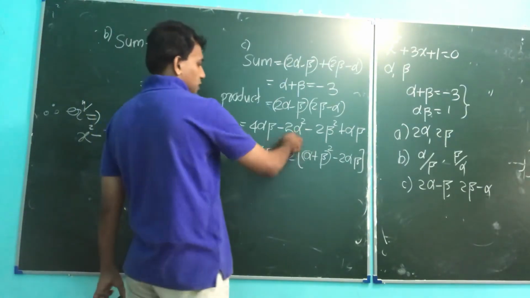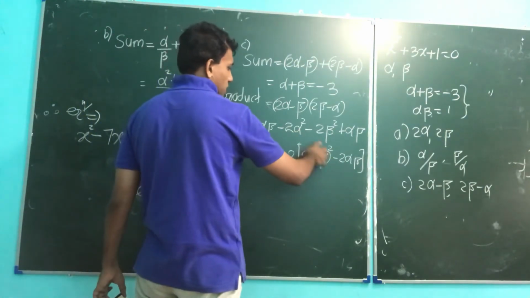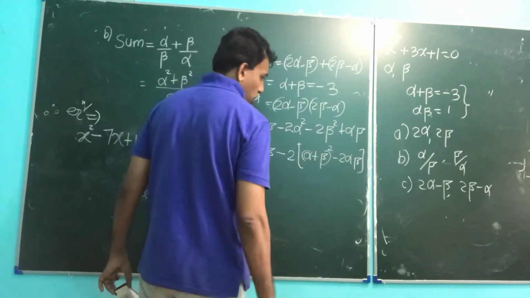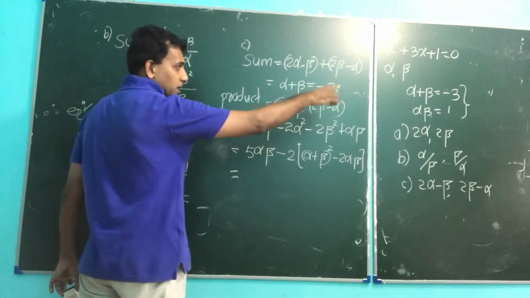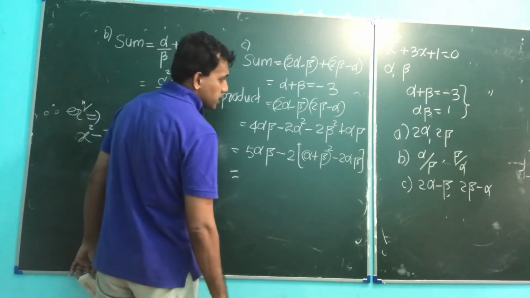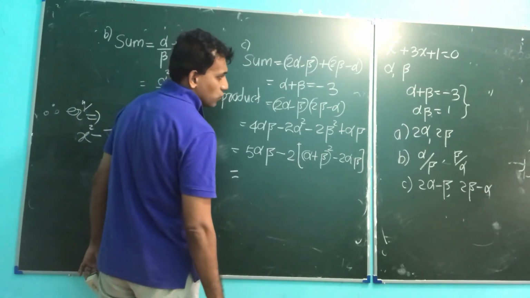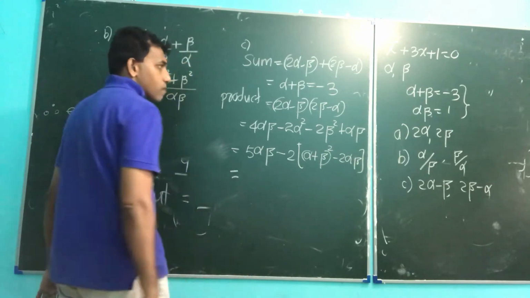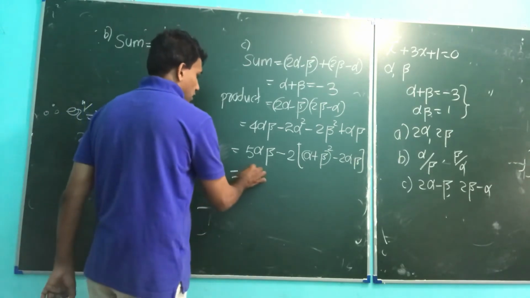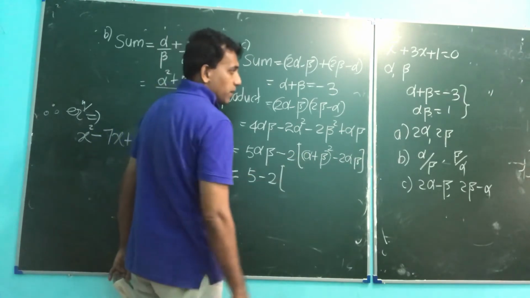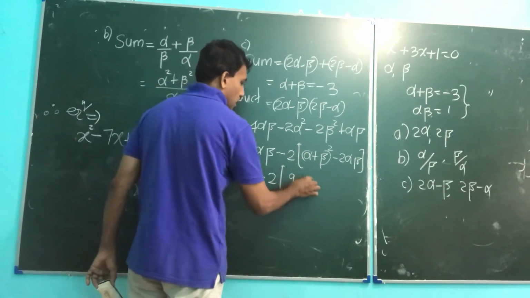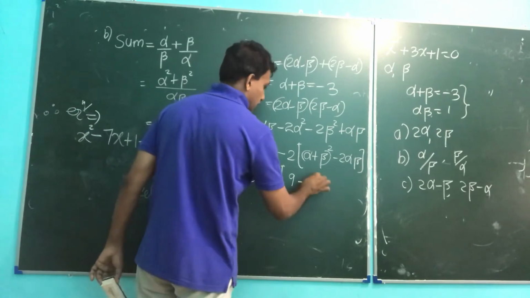Now apply the values. What is alpha beta? Alpha beta is 1. So 5 minus 2 into (alpha plus beta) square, which is 9, minus 2 alpha beta, which is 2.